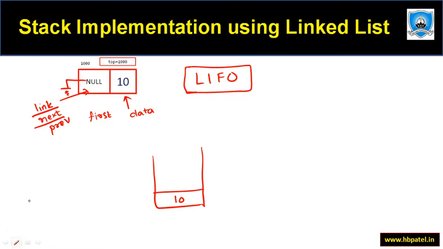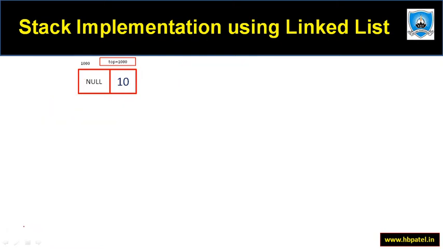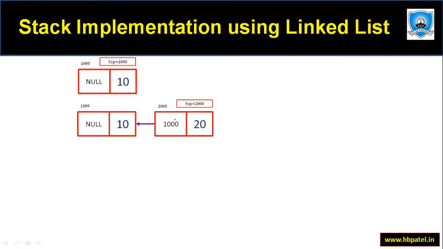Now what if I am having a second node? The second node is created like this. I am going to put some data into it. So data is 20, and the address part contains the address of the first node. So the address of the first node is put in the second node. That means now the second node is pointing to the first node.